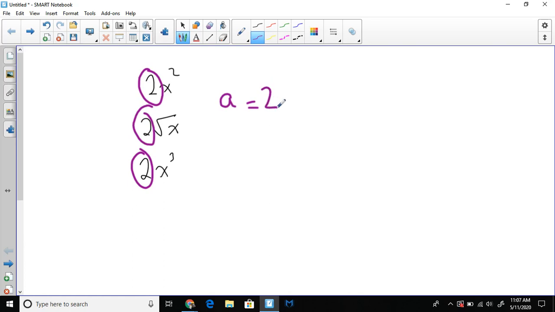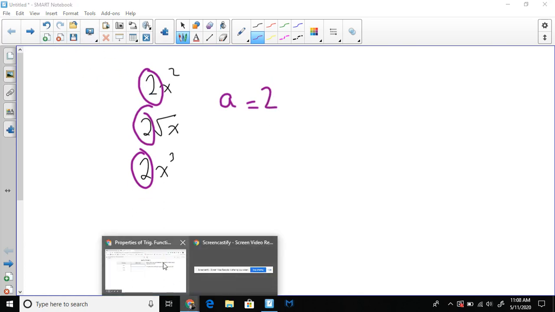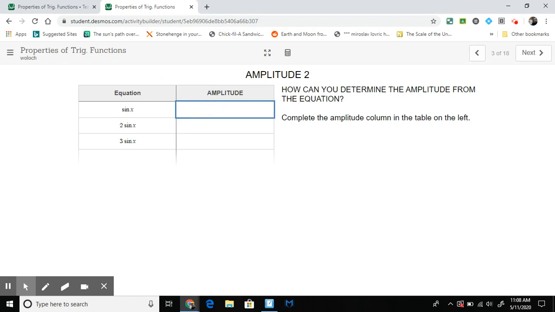A equals 2. The same thing happens for the trig functions. So if I look at the number in front of sine x, this one is just 1, this one is 2, this one is 3. So hopefully that was relatively easy.